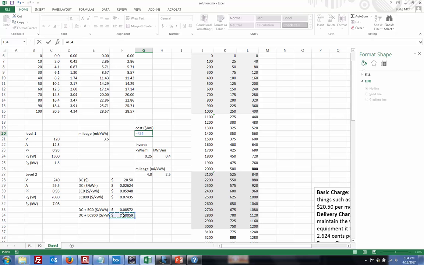So it's the most expensive times the least efficient, and that equals the least expensive times the most efficient.